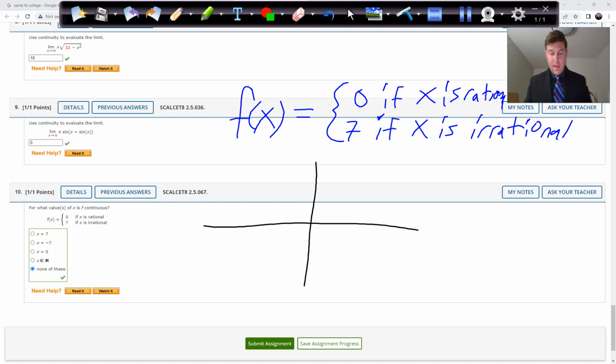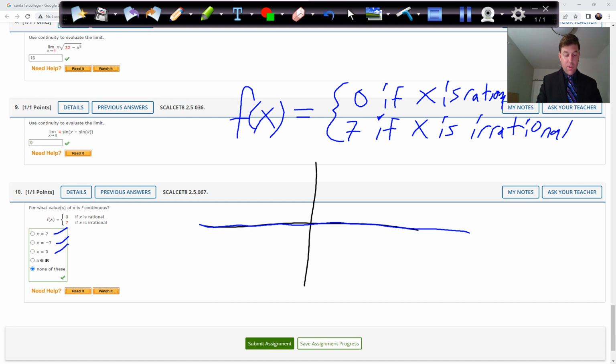So basically, I mean, for most of these numbers, x is going to be 0. So this thing's pretty much just going to be a line like this. So I definitely can't say it's discontinuous at 7. Or, oh, for what values of x is continuous? So at 7, I mean, probably. Minus 7, probably. If x is 0, probably.